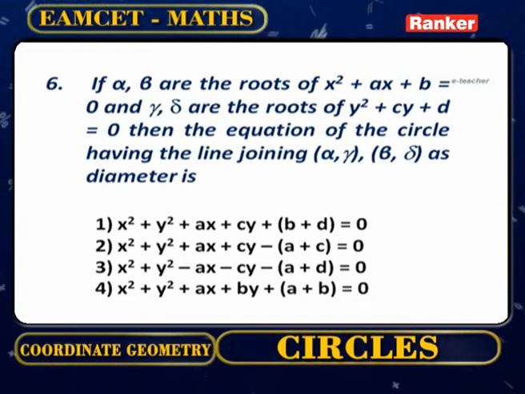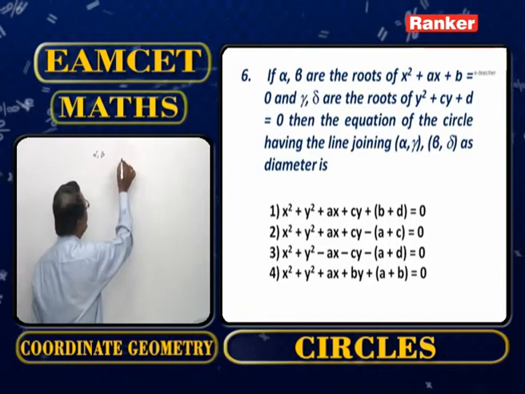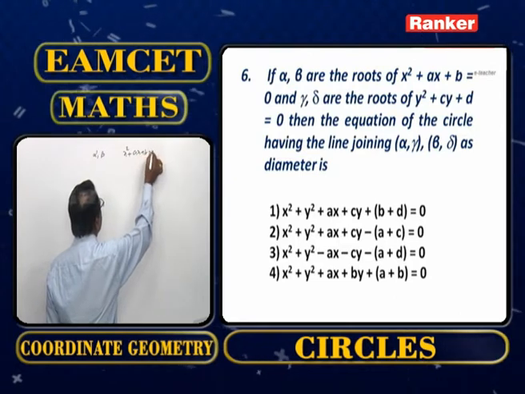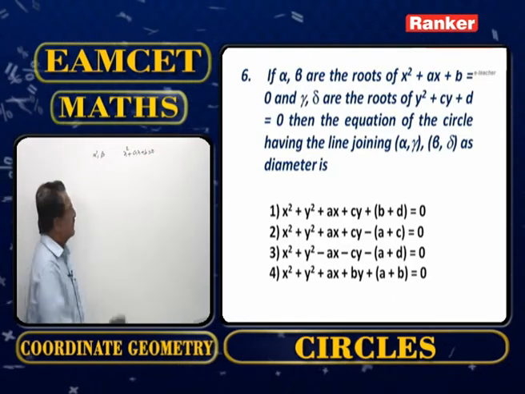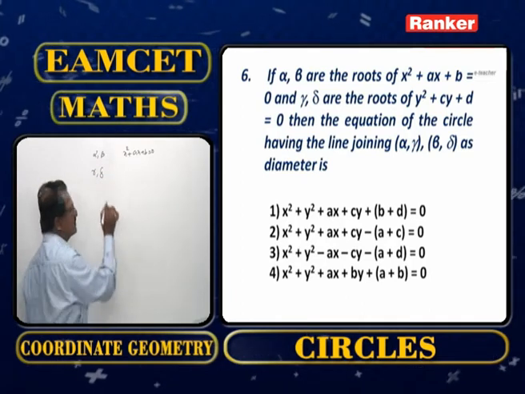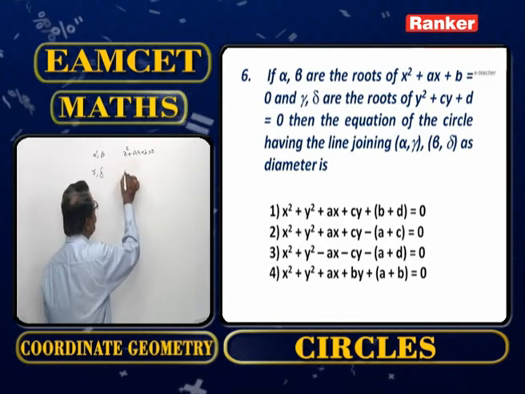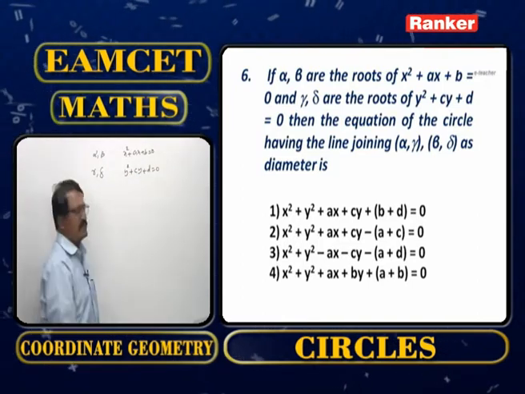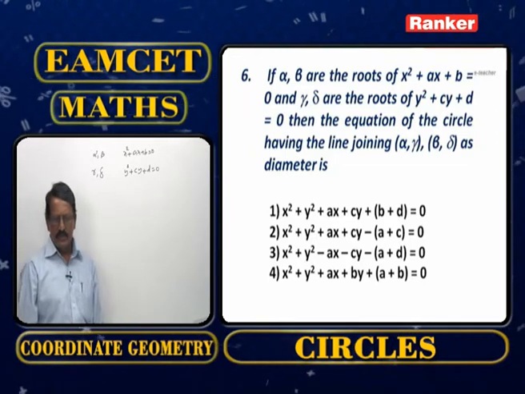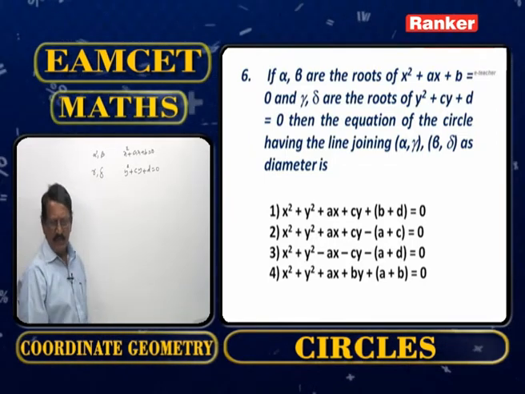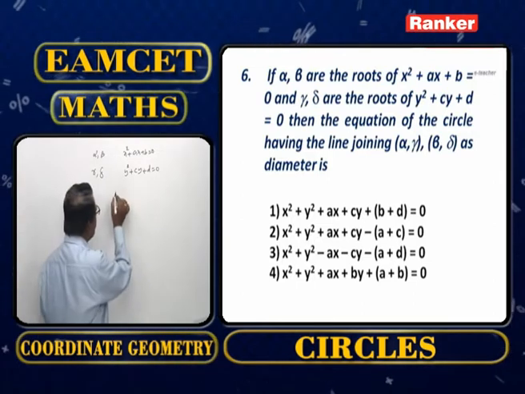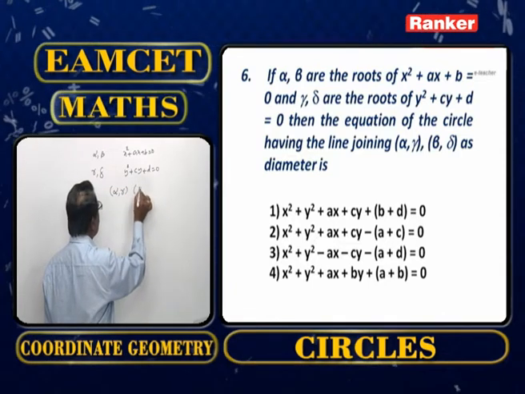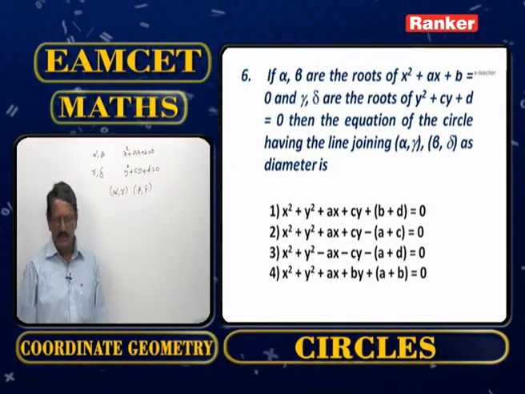If alpha, beta are roots of the equation x squared + ax + b = 0 and gamma, delta are roots of the equation y squared + cy + d = 0, then the equation of the circle having the line joining points (alpha, gamma) and (beta, delta) as extremities of diameter.